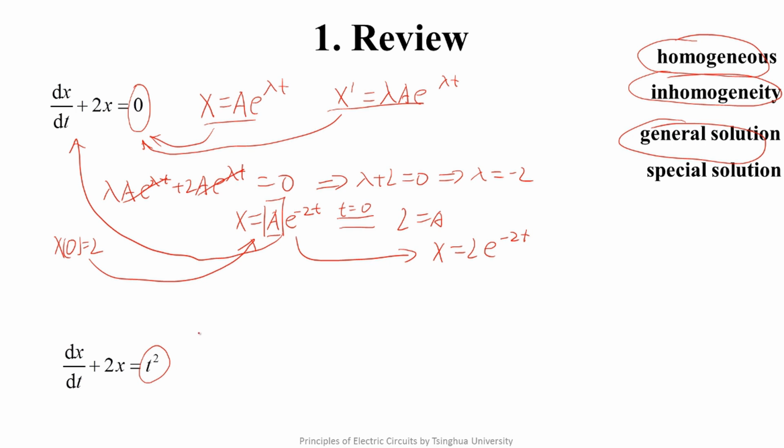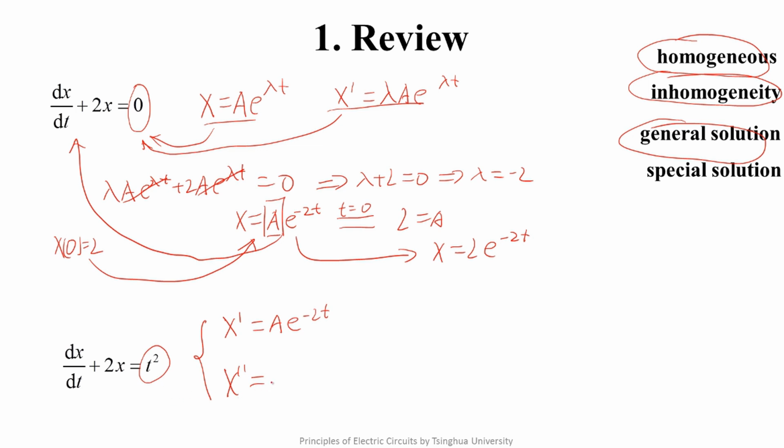After the homogeneous equation, the solution of the inhomogeneous equation can be divided into two parts. The part x prime is the general solution of the corresponding homogeneous equation. According to the above derivation, we know that x prime is a times e to the power of minus 2t. X double prime is a special solution.